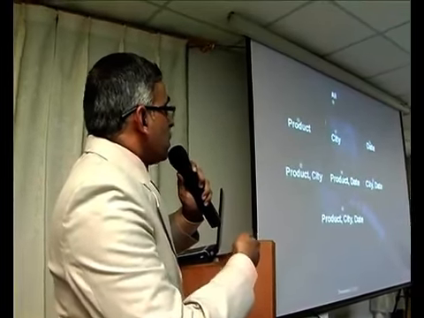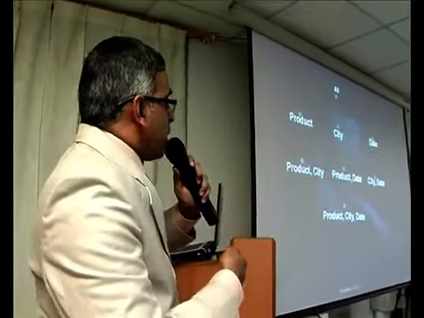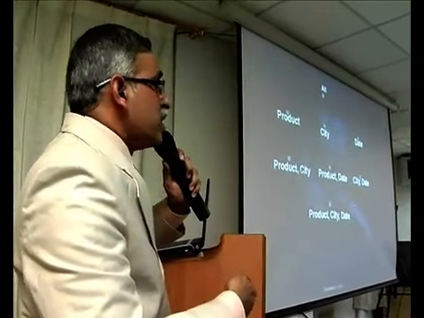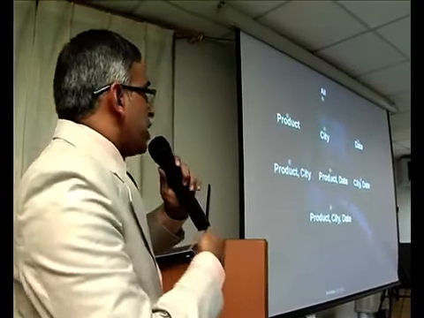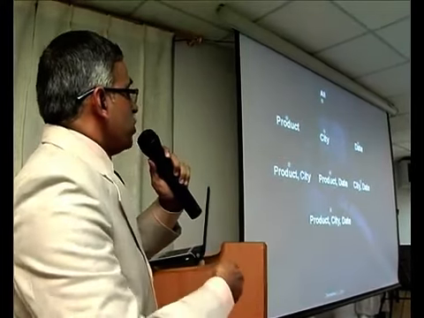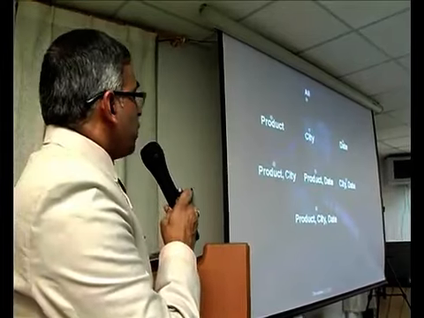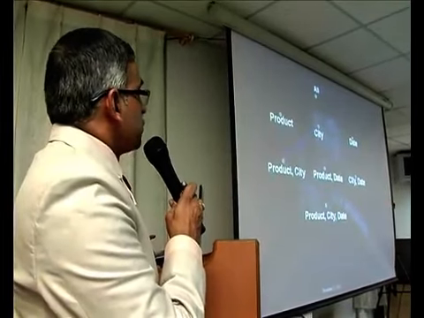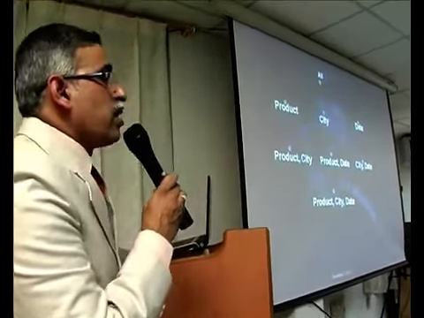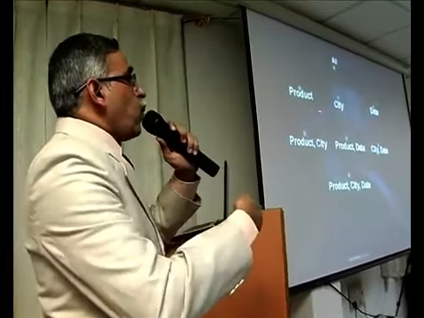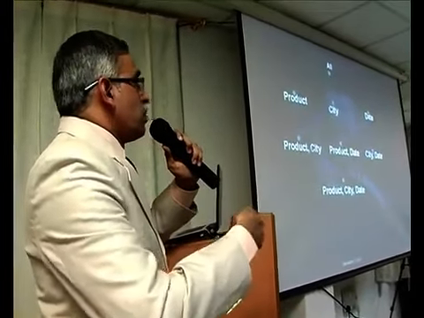Total sales means the total sales over all cities where the product has appeared on all dates. That is computed again by using these two-dimensional combinations. Similarly, the city date combination. These are called one-dimensional cuboids.